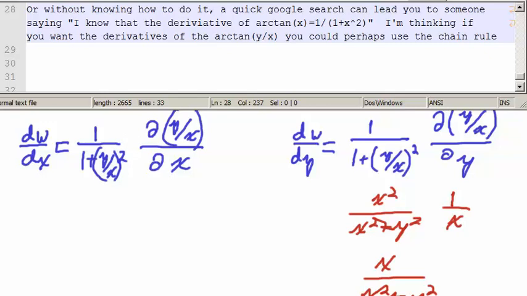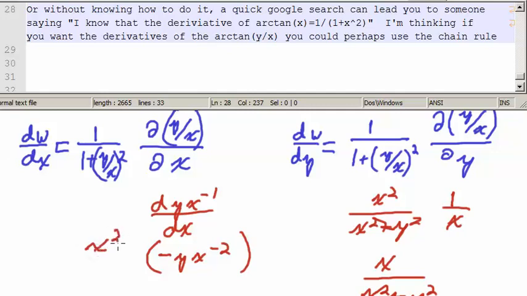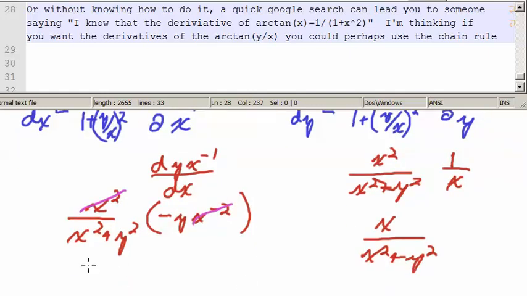And this one, the derivative of yx to the negative 1 with respect to x is negative yx to the negative 2, right? So taking that and multiplying that by x squared over x squared plus y squared, these x's will cancel out, and you will have negative y over x squared plus y squared.